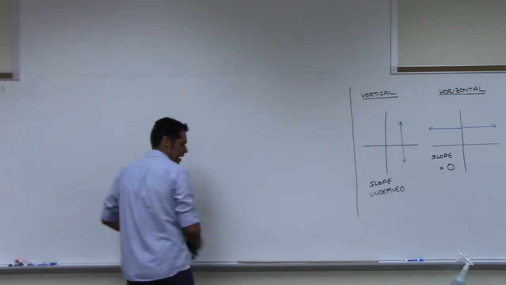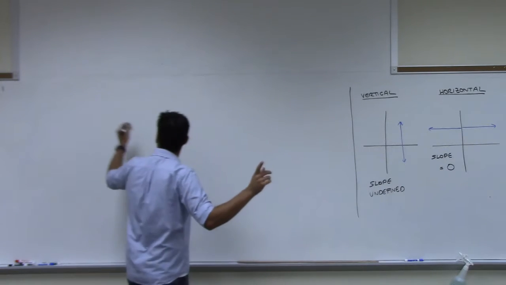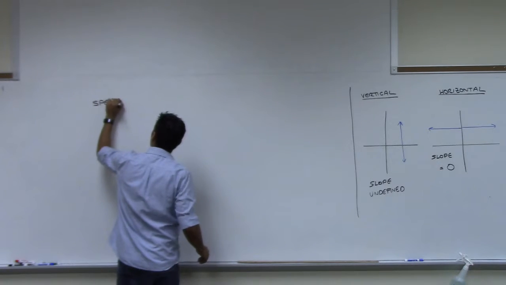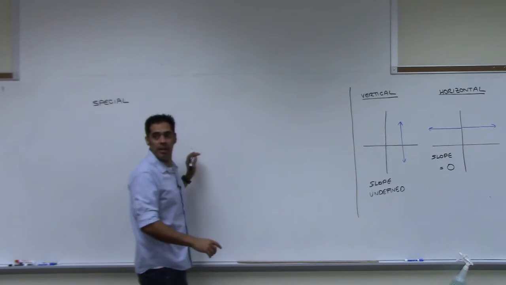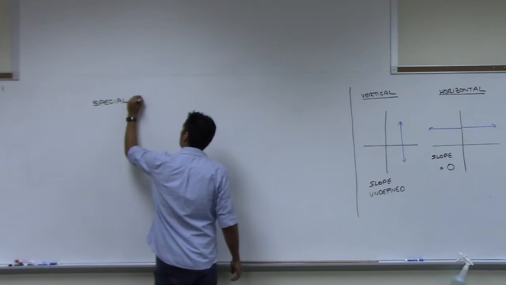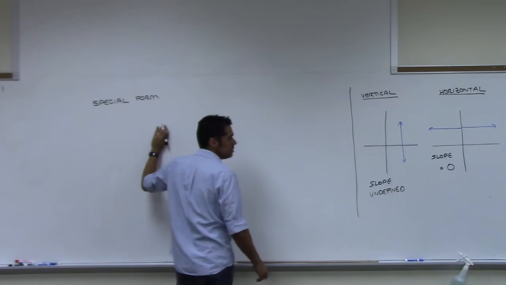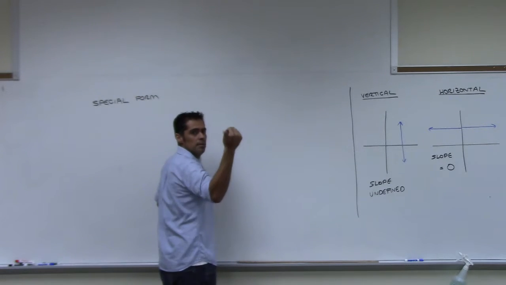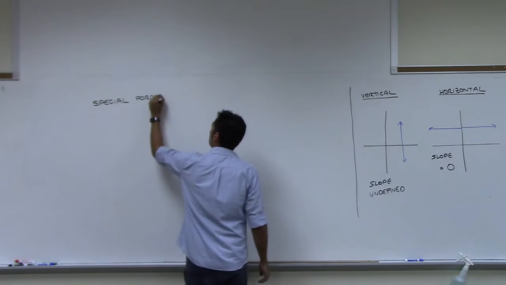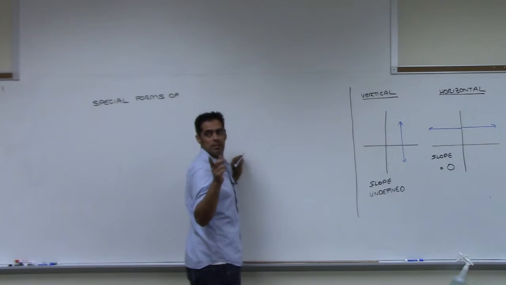Let's see if we can play a game in 1 minute while I'm writing this up here. Anybody who has a birthday in January, raise your hand. January birthdays? No? Okay. How about February? Say the numerical day that your birthday's on. 5. Any other February? Okay. March? 11. 14.